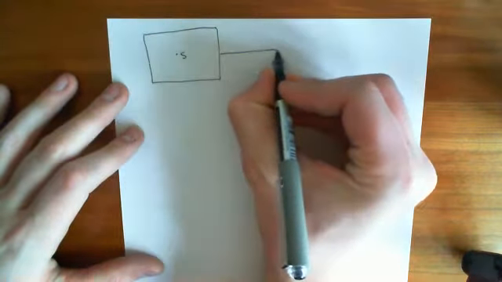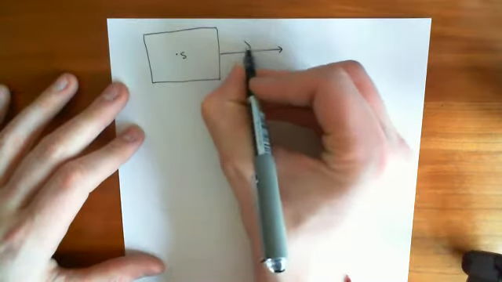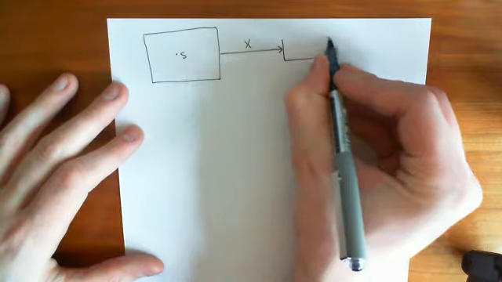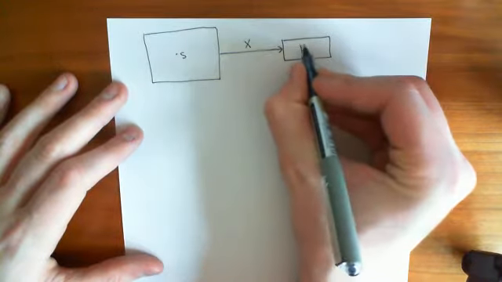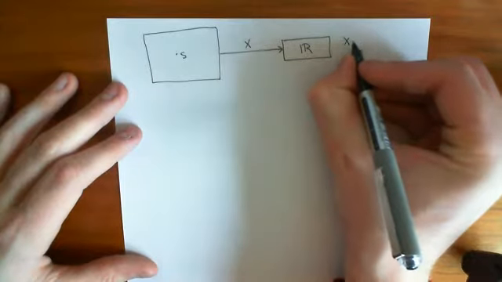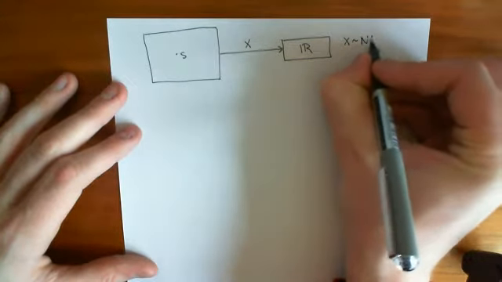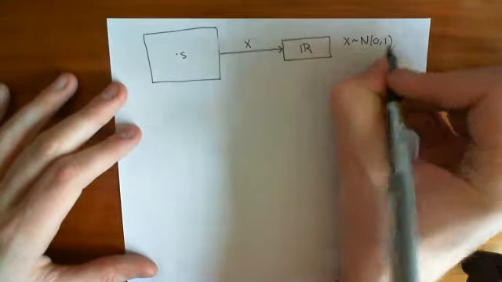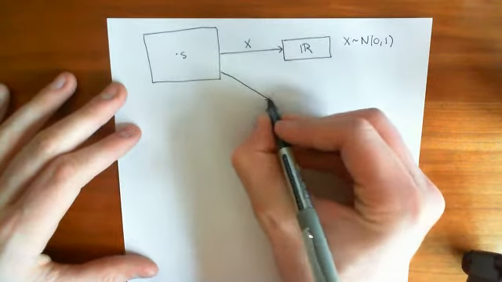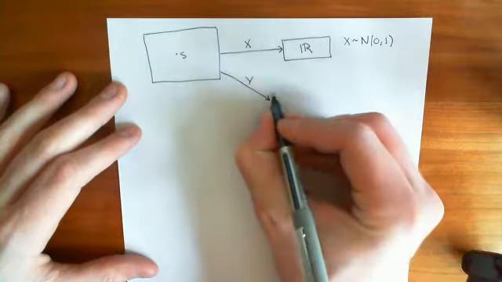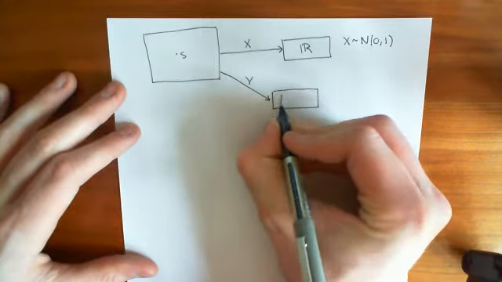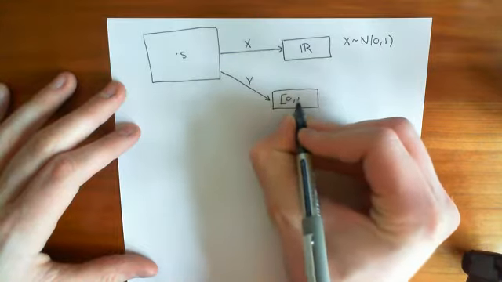Then we had a random variable x, which was mapping you onto the real line, and that random variable x was normally distributed with mean 0 and variance 1, so it was standard normally distributed. Then we had another random variable, y, which mapped you onto the non-negative real numbers, from 0 to infinity.